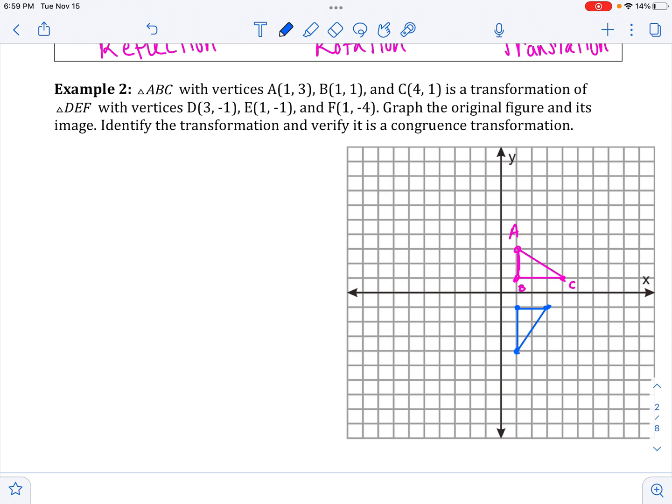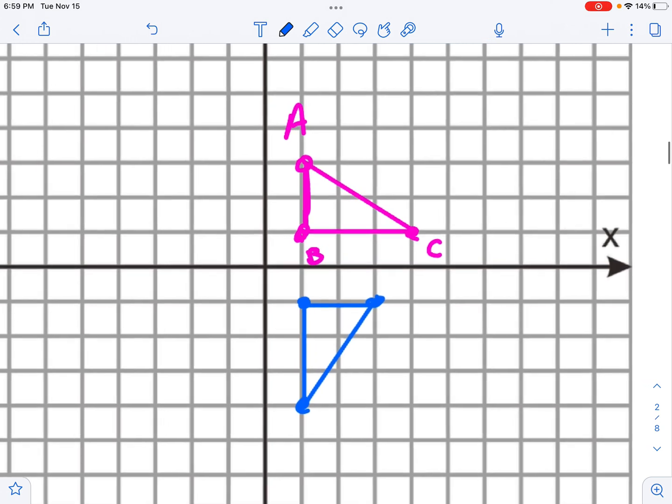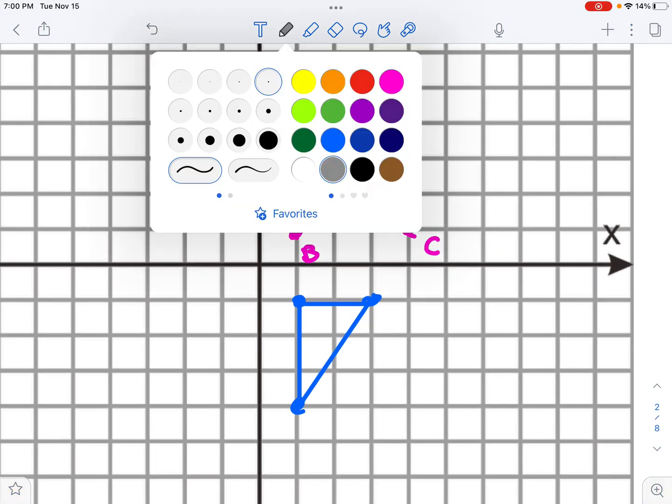So I have triangle ABC. It looks like it is a rotation, and if I rotated this from one quadrant to the next quadrant, it looks like a rotation of about 90 degrees, or 1/4 of 360. Now, if I wanted to prove that these were a congruence transformation, I could prove this by side, side, side.